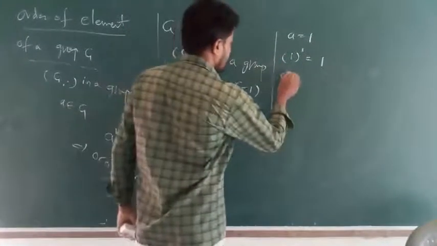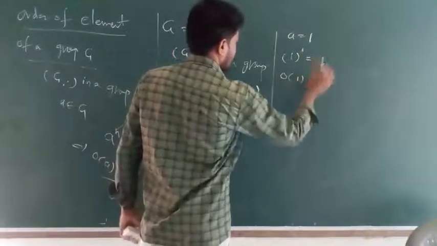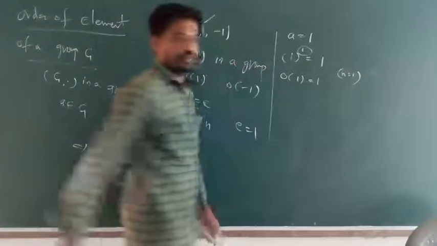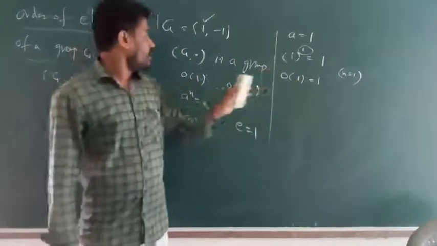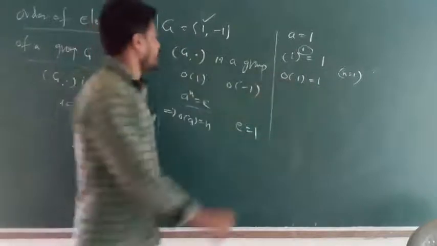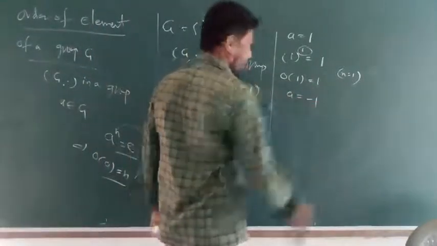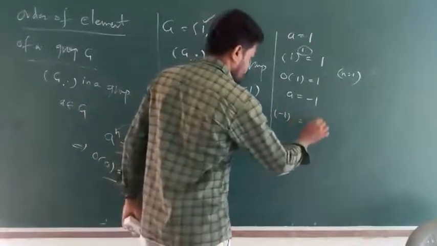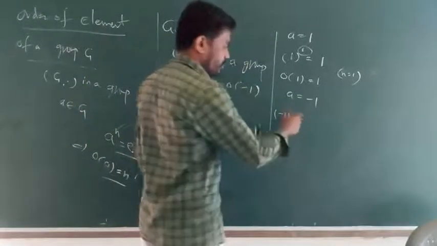Therefore order of 1 is equal to 1, nothing but n value is 1. So the first element is 1, and order of 1 equal to 1. Next, another element: minus 1. So minus 1, this is equal to, you can give powers.